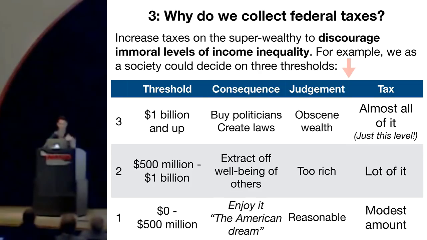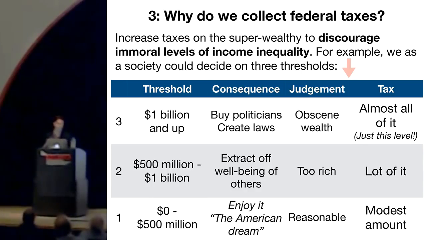And we say that the consequence of this is that if you have that much money, you can buy politicians and you can create the laws in your favor, and that is simply unacceptable. And we decide that that is called obscene wealth. And we're going to tax almost all of it. However, we are only going to tax the portion above $1 billion, not below it. We are only talking about the obscene portion.